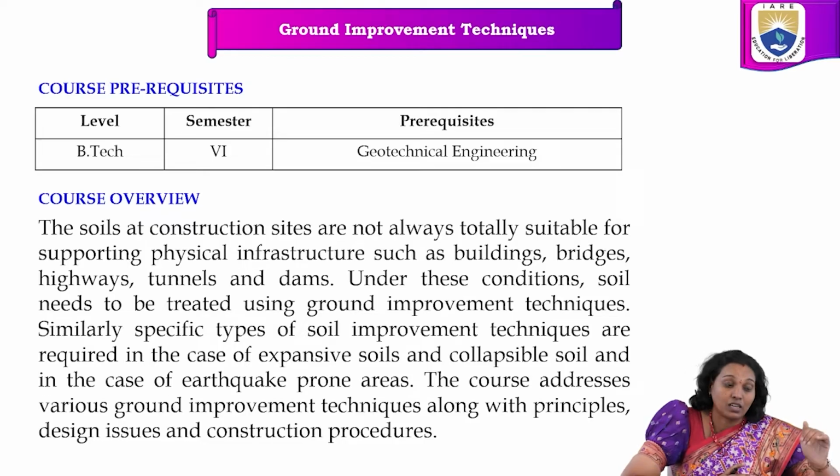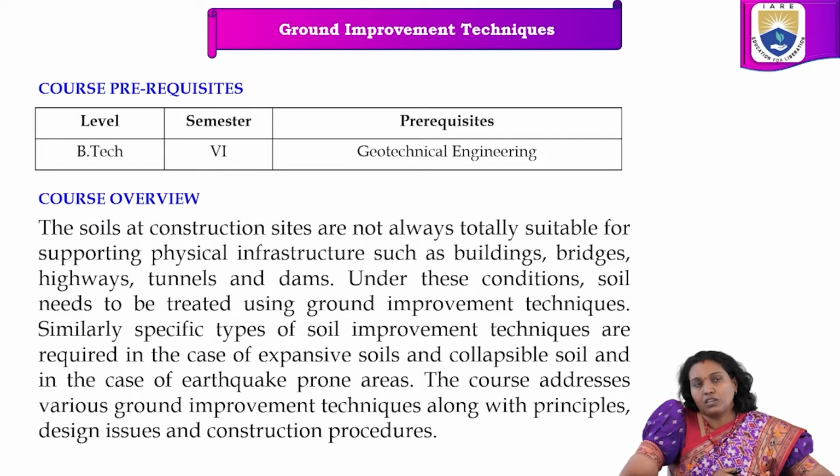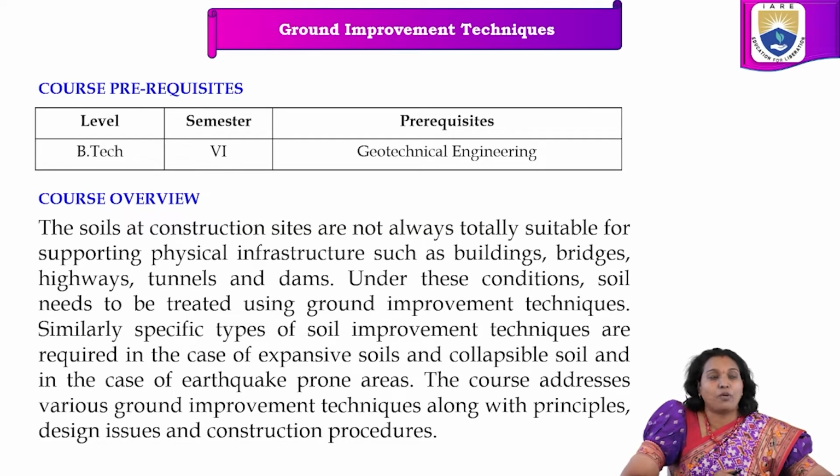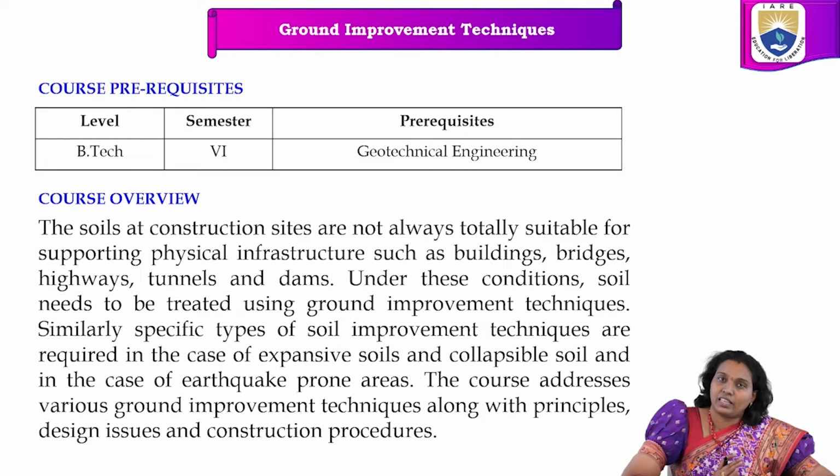But for the basic needs of human beings, such as schools and hospitals, even though the soil is not cooperative, we should construct there. A hospital is required, so we have to construct in that situation.